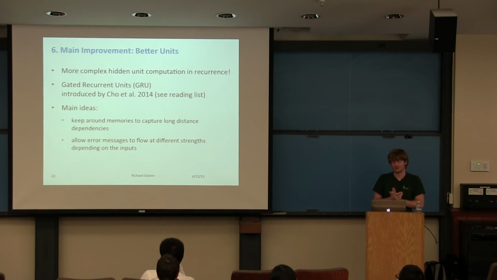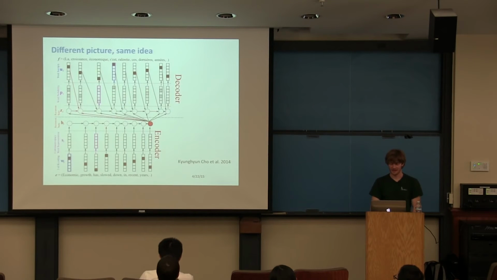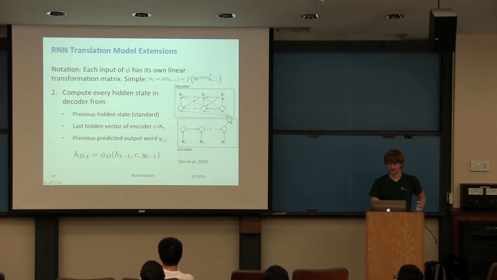The main idea of gated recurrent units is that we want to keep around certain memories, certain elements of the hidden vector, to capture long distance dependencies. So we don't want to have an inner product here, the matrix multiplication. This basically does change our hidden state entirely, right?